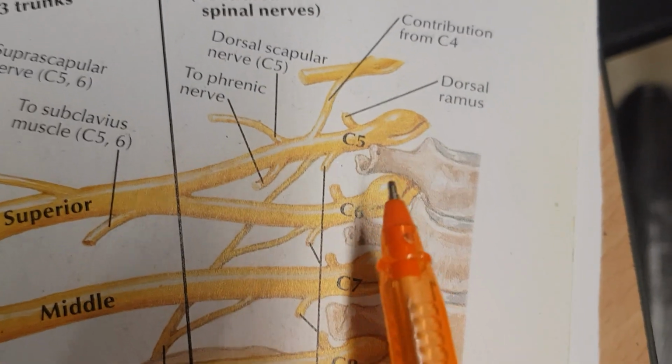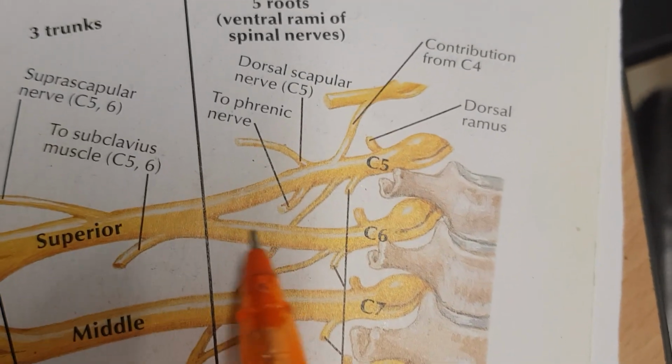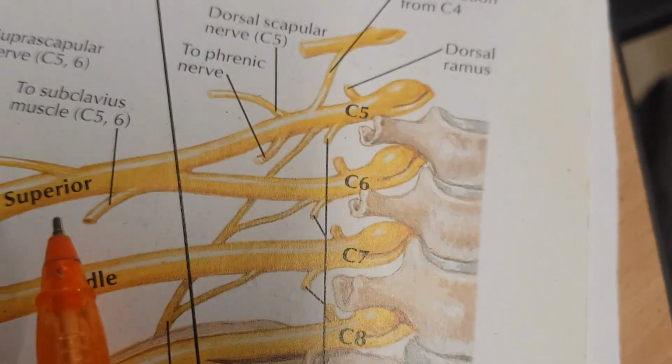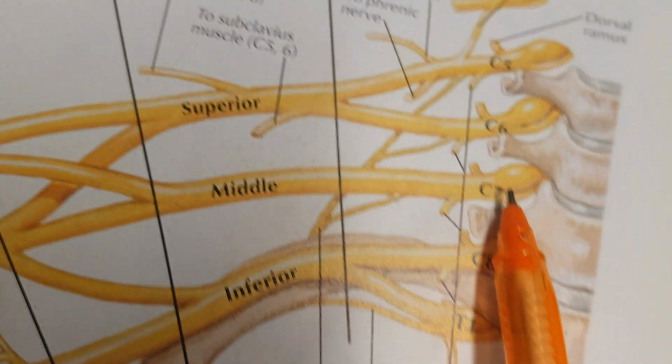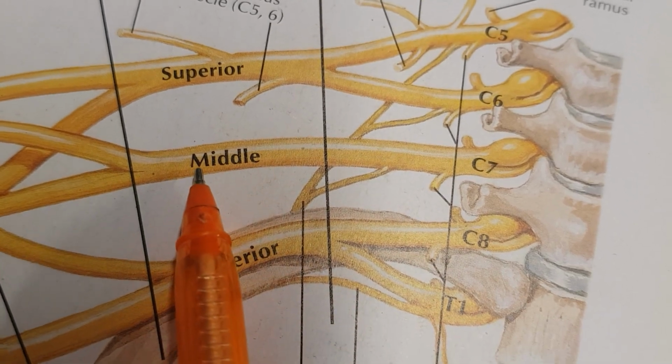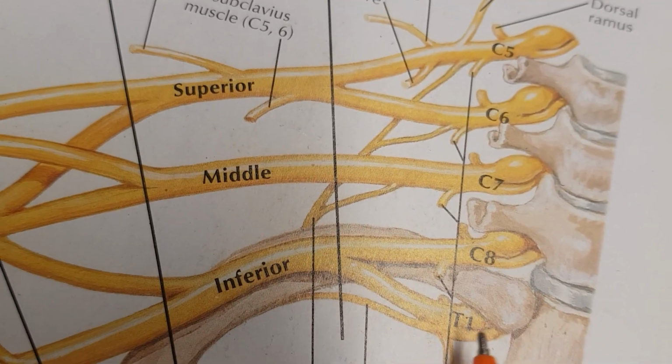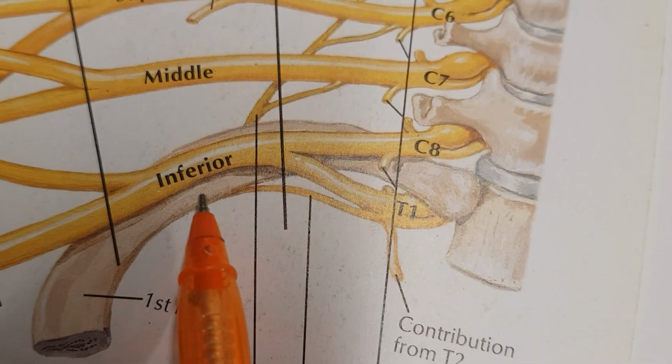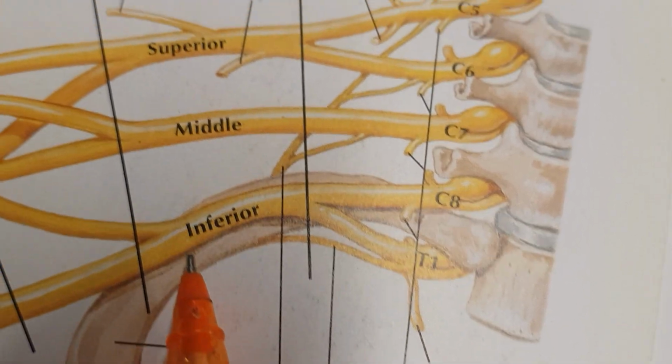Roots C5 and C6 will come together and make the superior trunk. C7 will remain untouched and become the middle trunk. C8 and T1 will join together to become the inferior trunk.